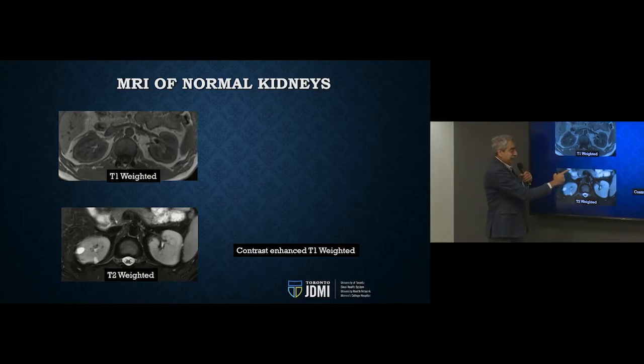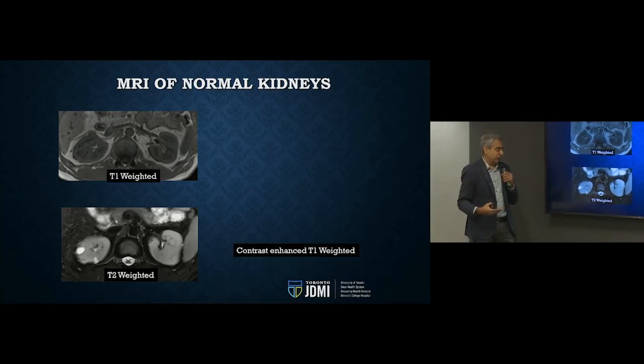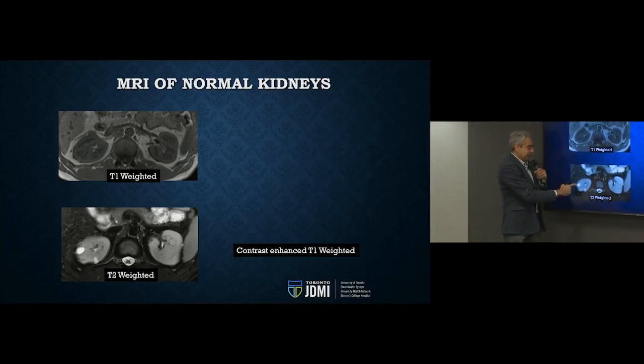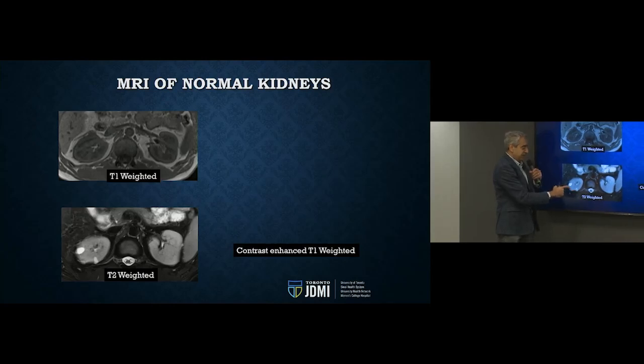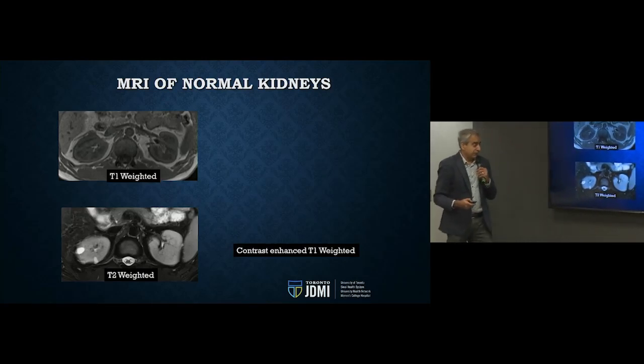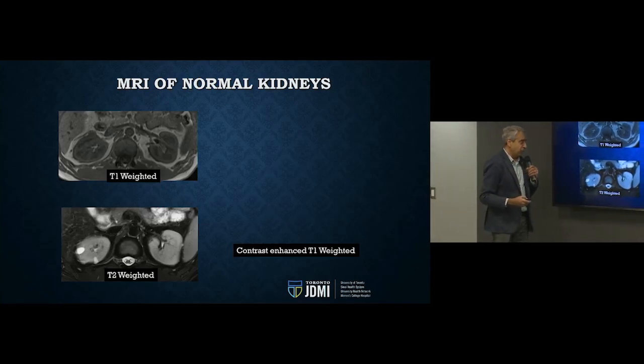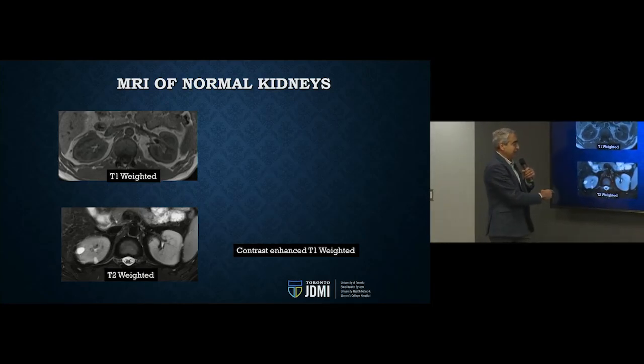Some water in the bowel will appear really bright. And the kidneys are fairly bright organs because there's a lot of blood flow into them. And then we can see these little cysts that will stand out because they're full of water as well. So the T2 weighted image is generally what we use more to actually image the cysts within the kidneys.